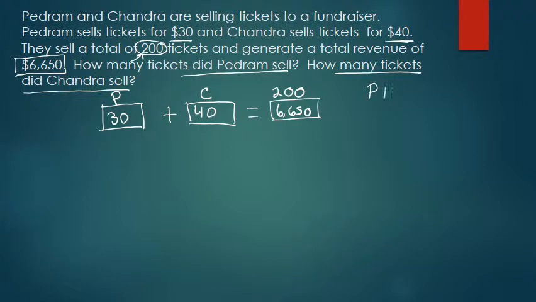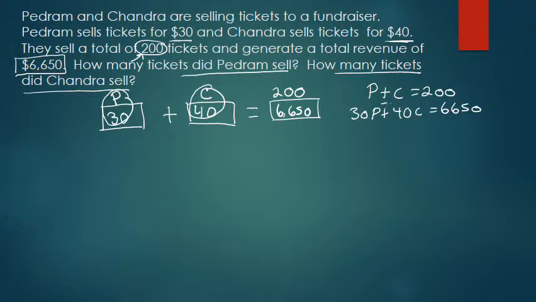So I have P plus C equals 200. And then I have the one where I multiply, and I get 30P plus 40C equals $6,650.